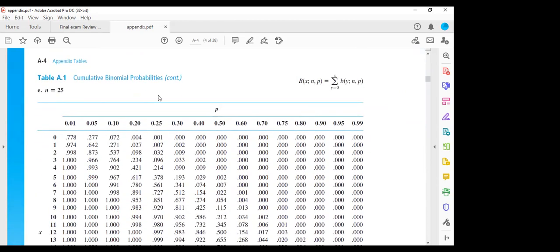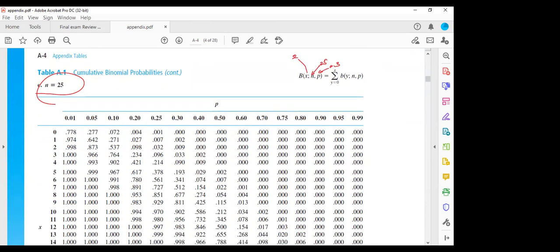You can find n 25 here in this table. This is 25, and this value is 0.3. This x is 2. You can find x values from this first column, so x value 2 is here.